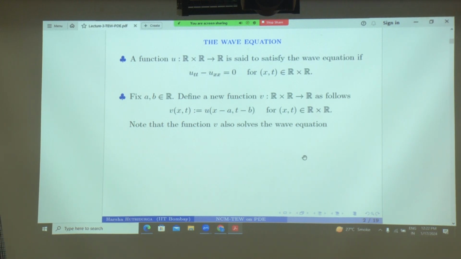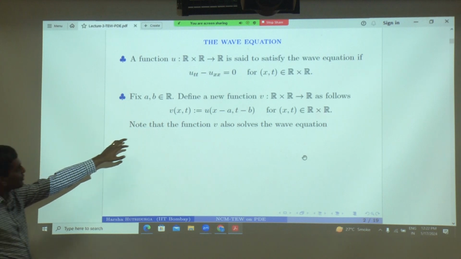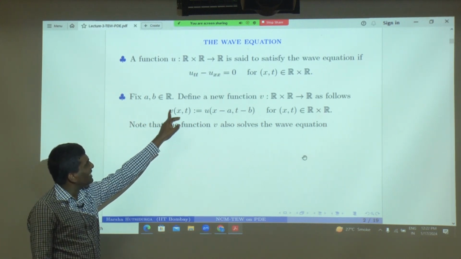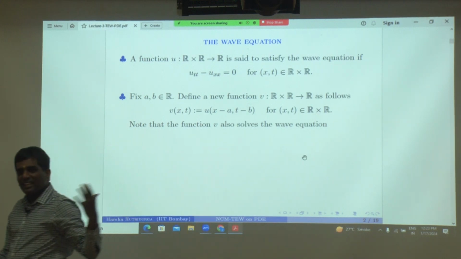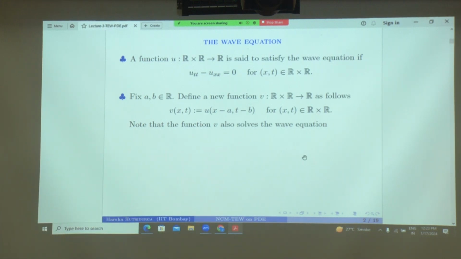For any function to satisfy the wave equation, we need to differentiate twice with respect to t, separately differentiate twice with respect to x, and make sure that at every point those two things are the same. And that's what happens when you differentiate v with respect to x and with respect to t. Because a and b are fixed numbers, they do not see the differentiation. And u is satisfying the wave equation everywhere in R cross R, so v will also satisfy the wave equation everywhere in R cross R. This is the first observation.